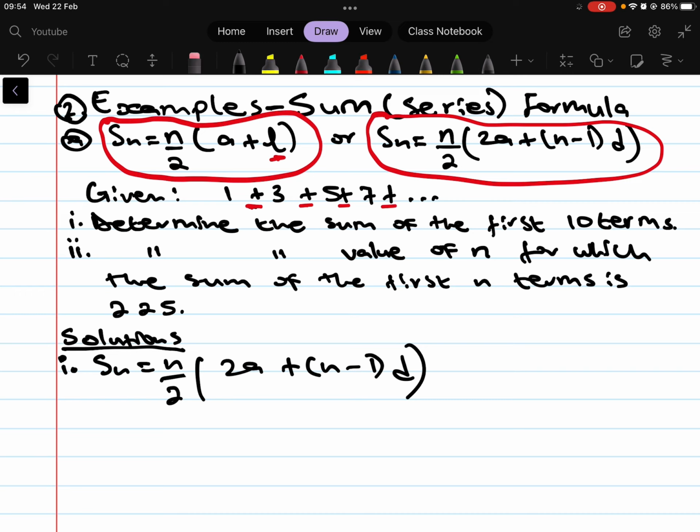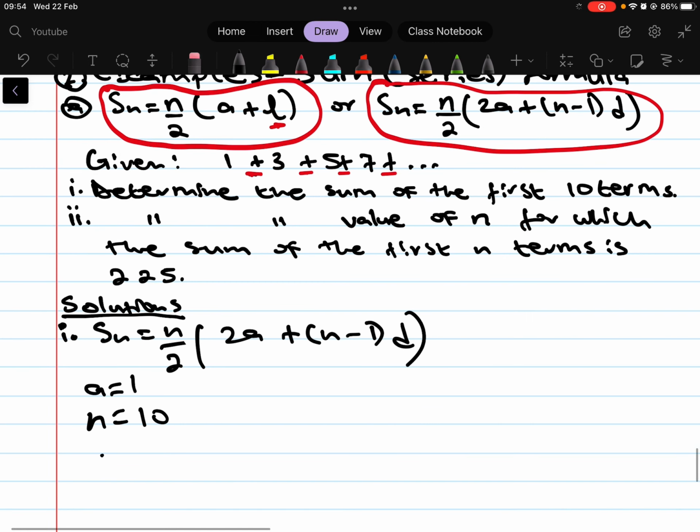you know that the value of the first term of the series is actually 1. That means our a equals 1. The n in the formula represents the number of terms that we are adding, and they're asking us to get the sum of the first 10 terms. Therefore our n is 10. And then what is our d?